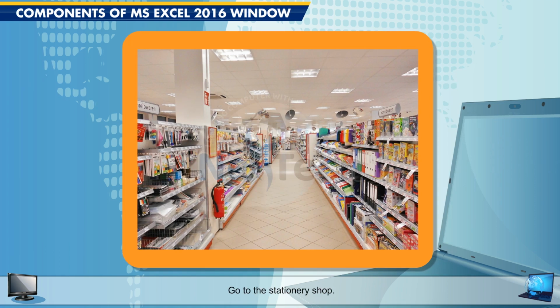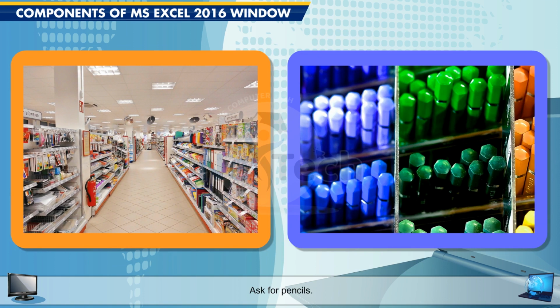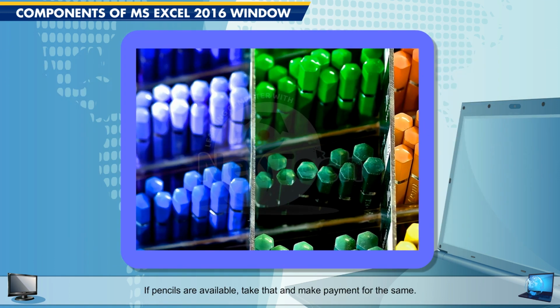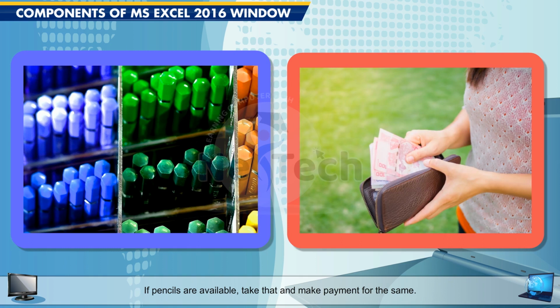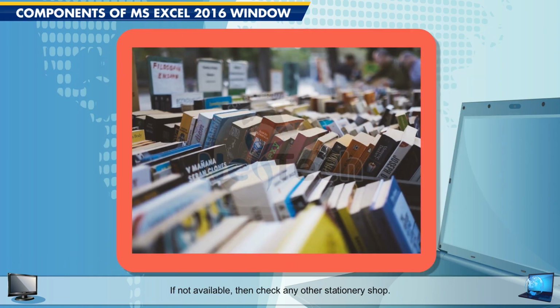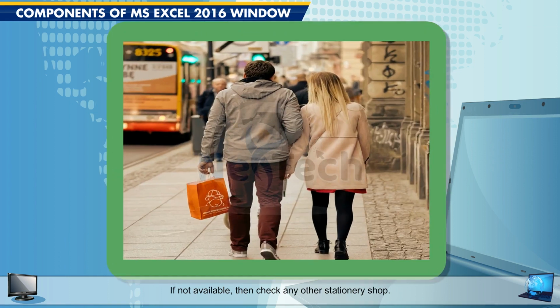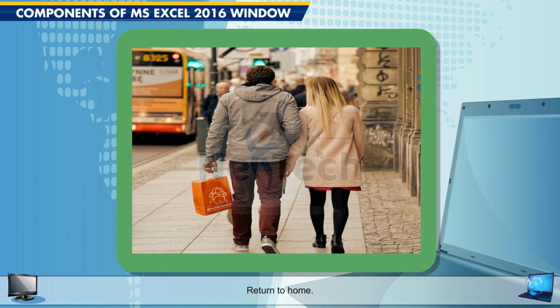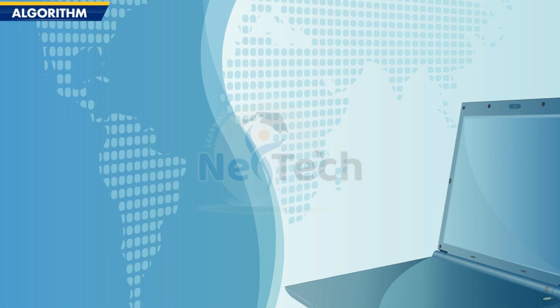Step 1. Go to the stationery shop. Step 2. Ask for pencils. Step 3. If pencils are available, take that and make payment for the same. Step 4. If not available, then check any other stationery shop. Step 5. Return home.